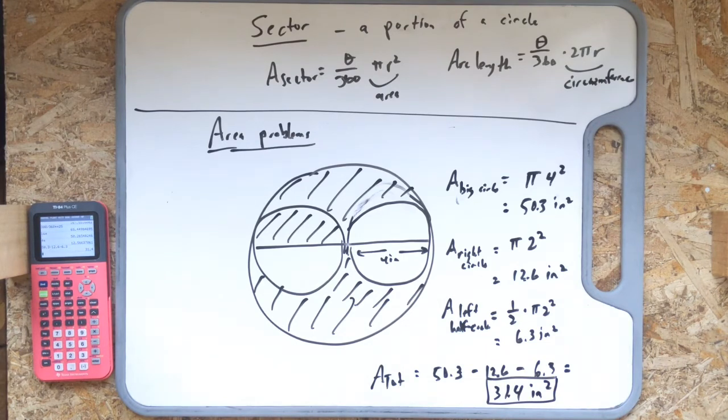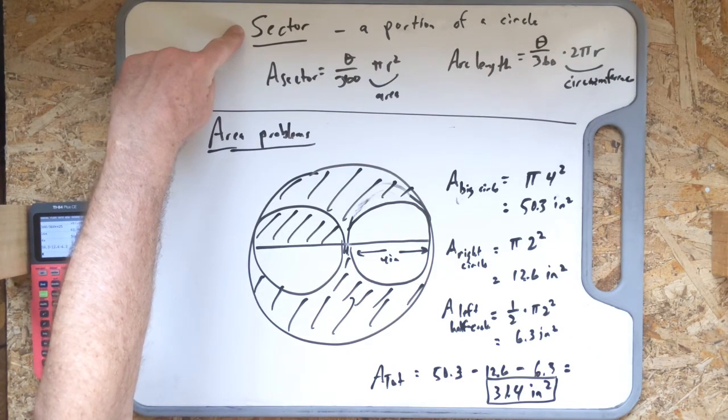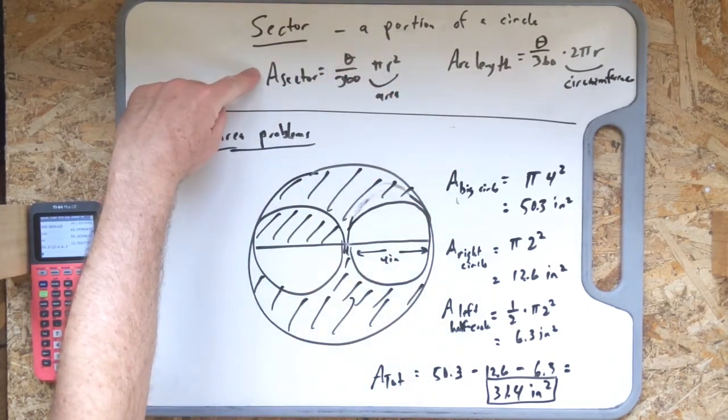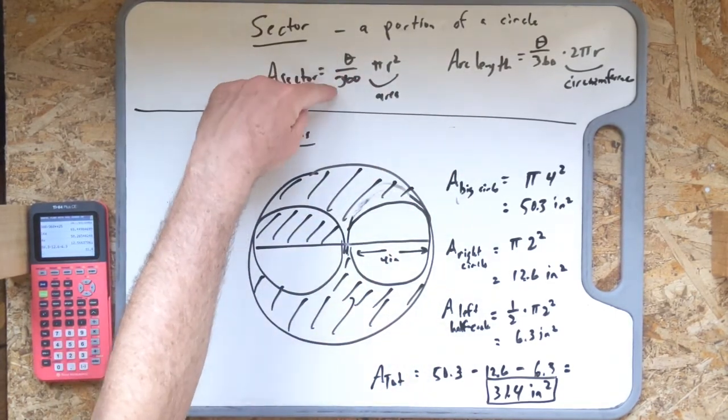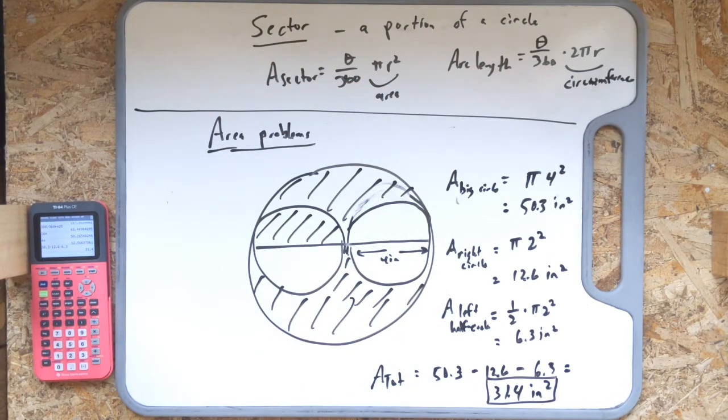Okay, so that's it. I'm going to go through homework in a moment, but for just a summary, sector, finding a portion of a circle that starts from the center, you just do a very similar thing to arc length, which is you create a fraction, the central angle over 360, times the area of the circle itself. If you want to find a more general area problem, there are 2 methods.